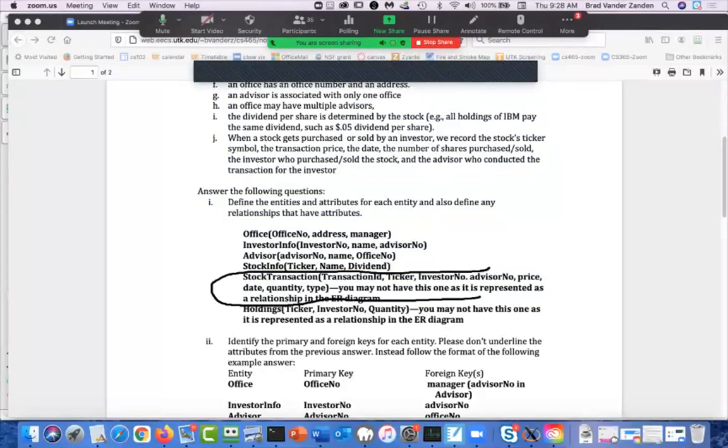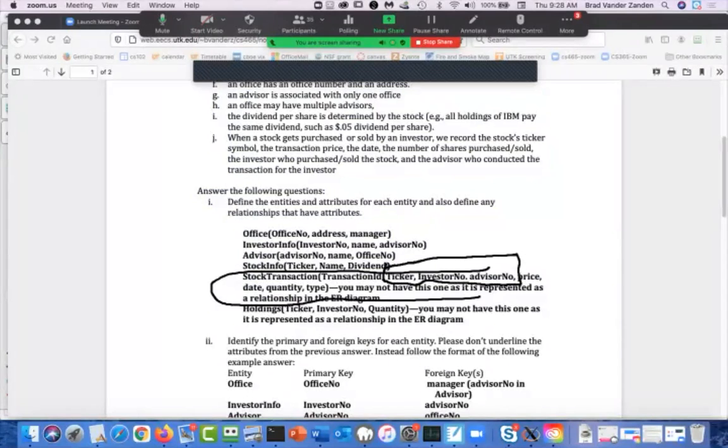And now when you look at that, you may say, wait a minute, this thing has three foreign keys. It has a ticker, an investor number, and an advisor number.